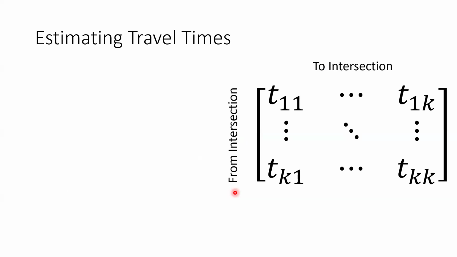So your first sub-problem is estimating the travel times between all of the interesting positions. We will need to eventually build something like a matrix. We have the columns as from intersection and rows as to intersection, or the other way around.